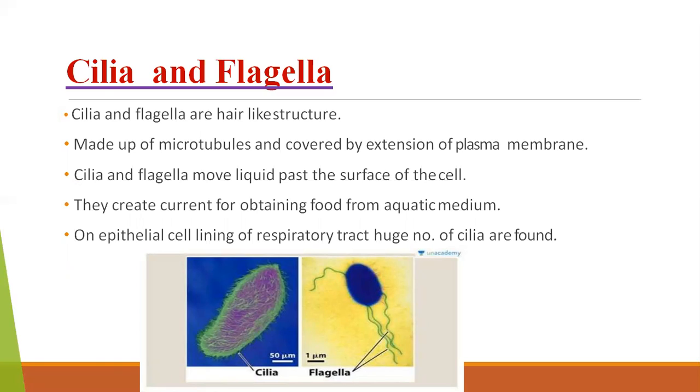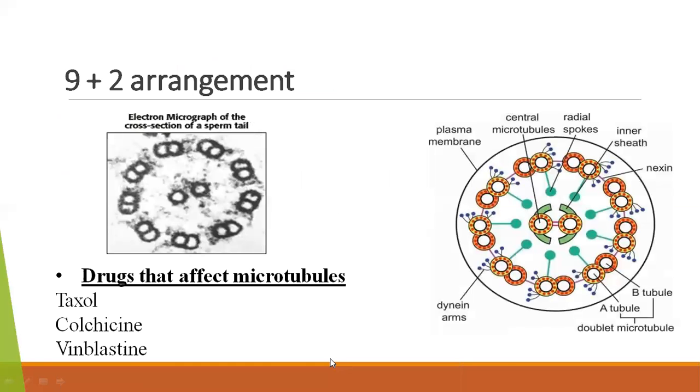On the epithelial cell lining of the respiratory tract, a huge number of cilia are found. This is the basic structure of cilia, a hair-like structure, and flagella, which is 1 micrometer, with a 9+2 arrangement.